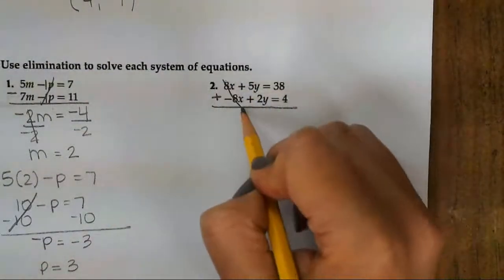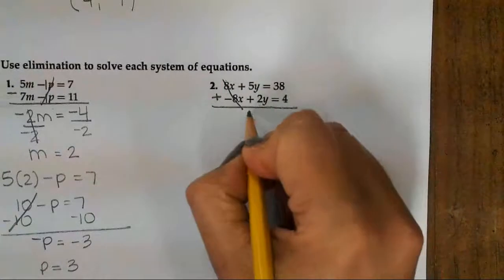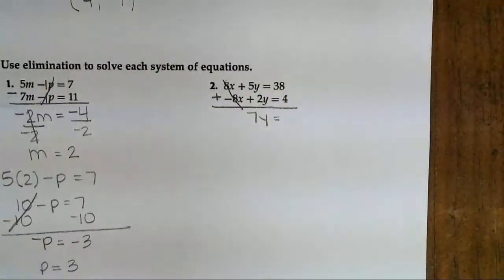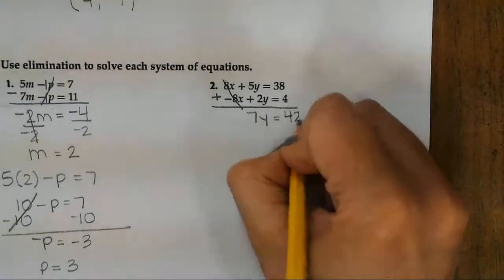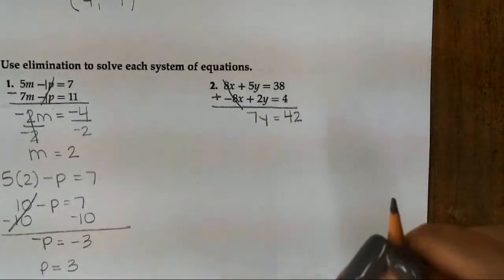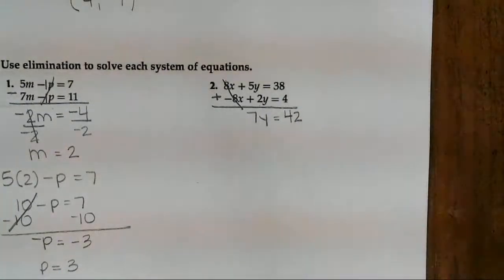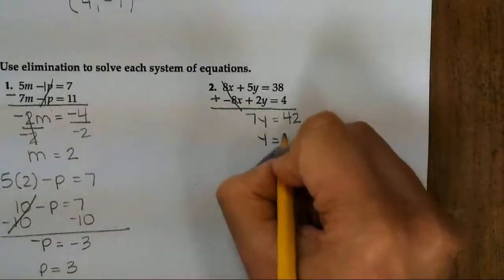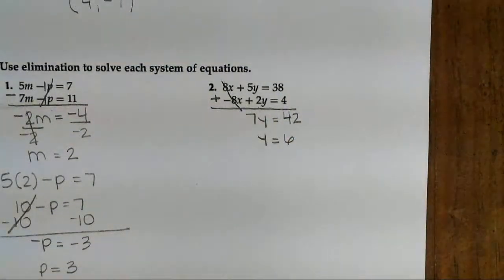So these 8s cancel out. 5 plus 2 gives us 7. And then when we add 38 plus 4, we get 42. Once you've got that, then as usual, go ahead and just divide. So you have 42 divided by 7 gives you 6. Now, I'm going to choose the bottom one because, again, smaller numbers.